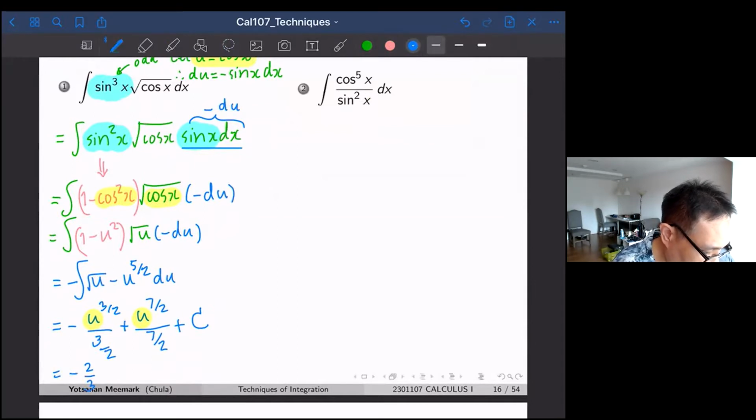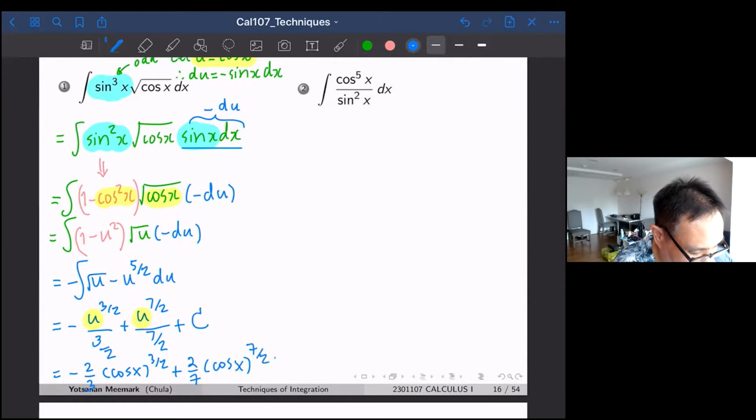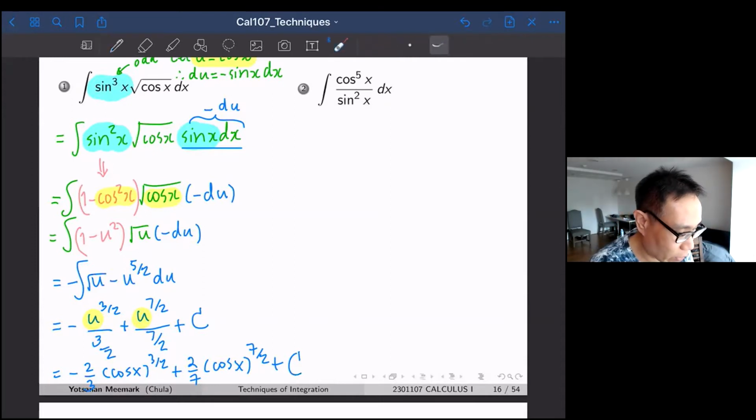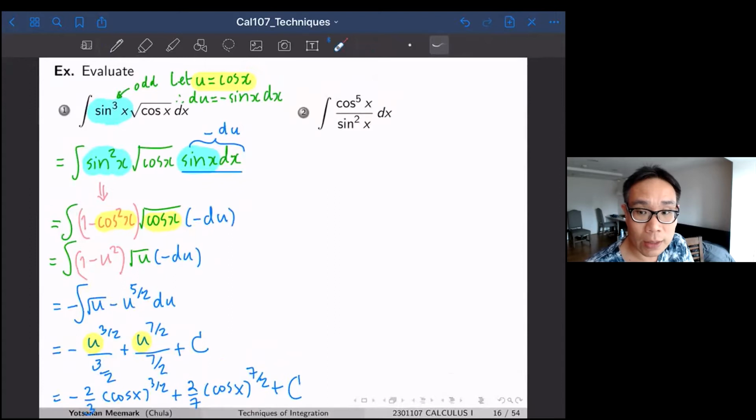So it's going to be negative 2/3 cos x to the 3/2 plus 2/7 cos x to the 7/2 plus c. You have your final answer in this form. I have a positive sign here because negative times negative becomes positive.